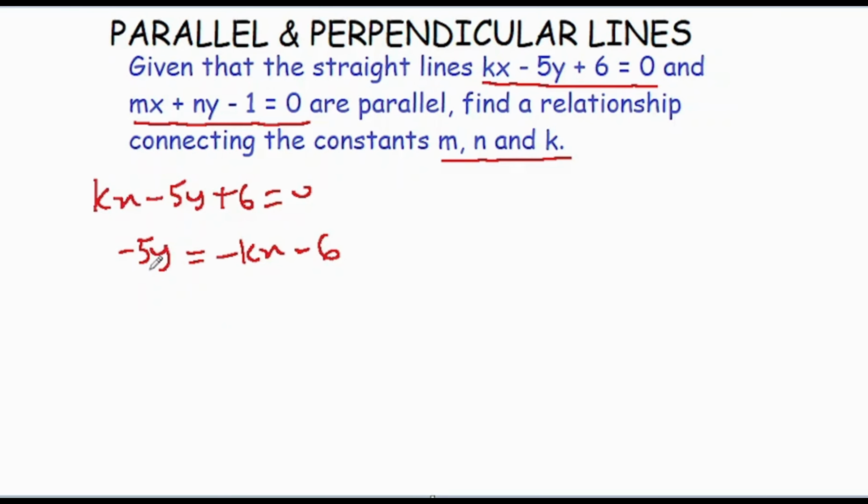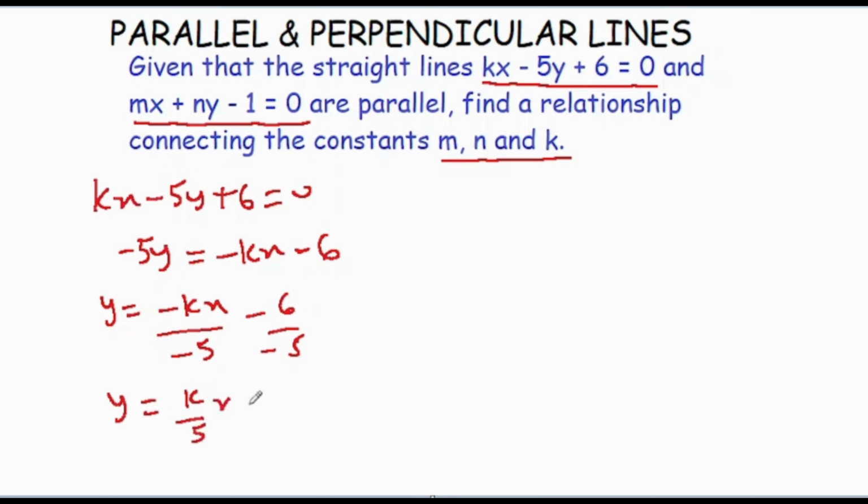So we will divide all through by negative 5. So this will be negative kx divided by negative 5, negative 6 divided by negative 5. So this will end up giving us y equals k over 5 x plus 6 over 5.